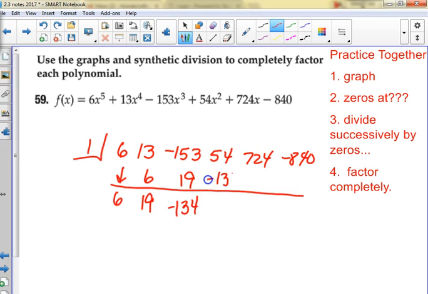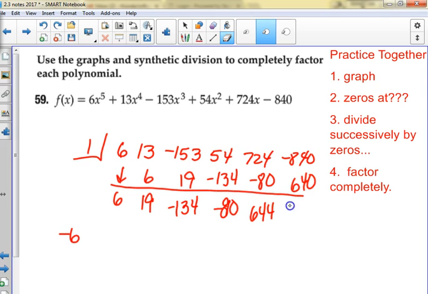Okay. Negative 134 plus 54 would be negative 80. Times 1 would be this. Help. 724 minus 80. I don't think this works. Negative 6? Okay.